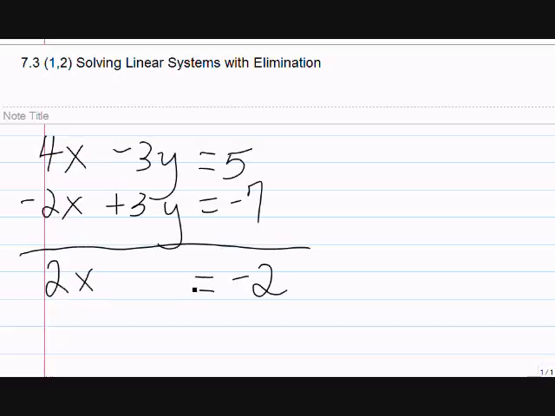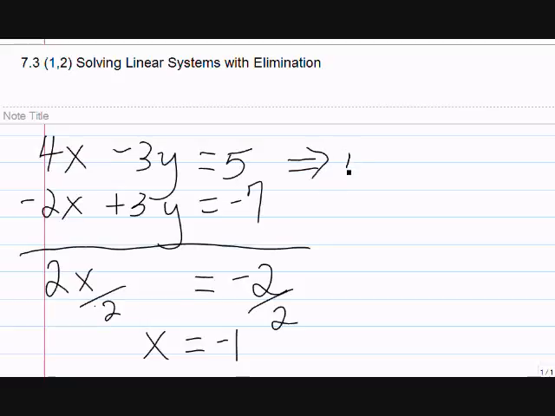2 times x is negative 2. Divide both sides by 2 and get x is, what's negative 2 divided by 2? Negative 1. Okay? Now to find the y, I take either one of these equations, and I'm going to choose, I guess, the first one.